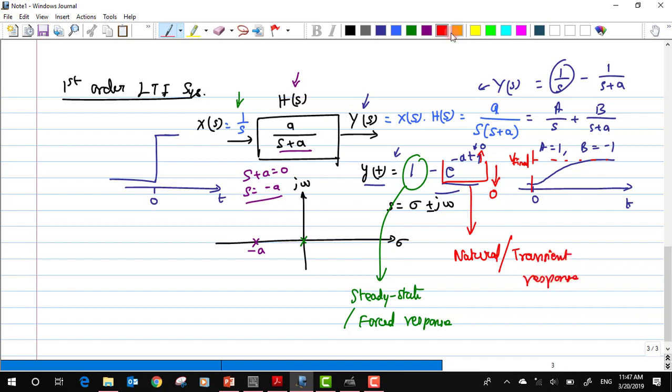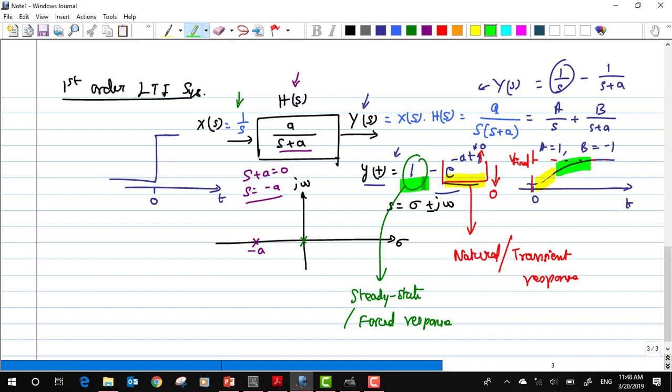So, now clearly you could see that at the very beginning of our output, it is this particular natural response that dominates, but after a while what happens to the natural response? The natural response will die out, right? And in a way, after this you would end up having the dominant term coming out of this steady state response, and that is how the output would react, okay?